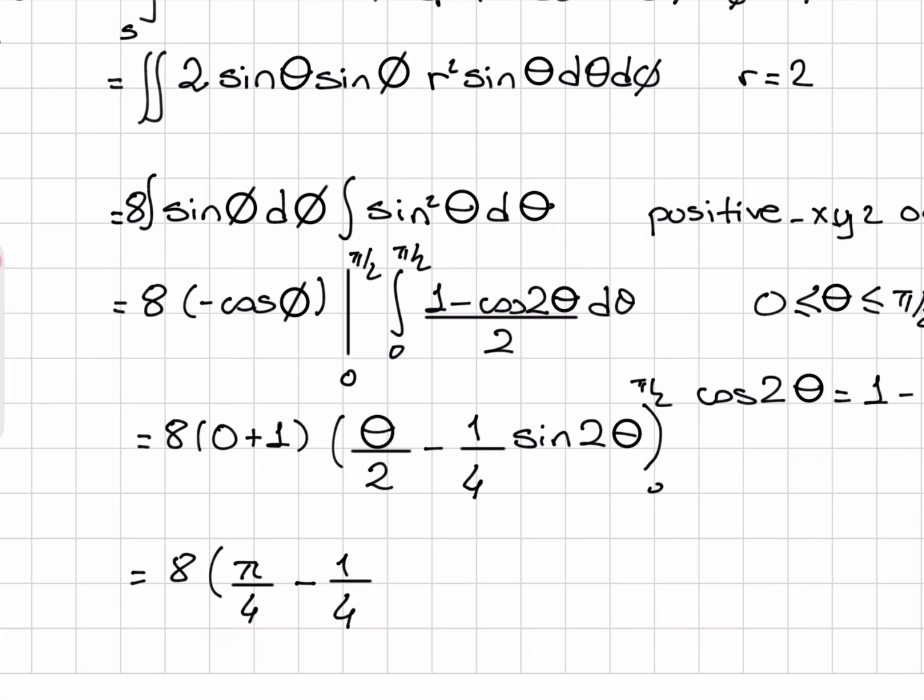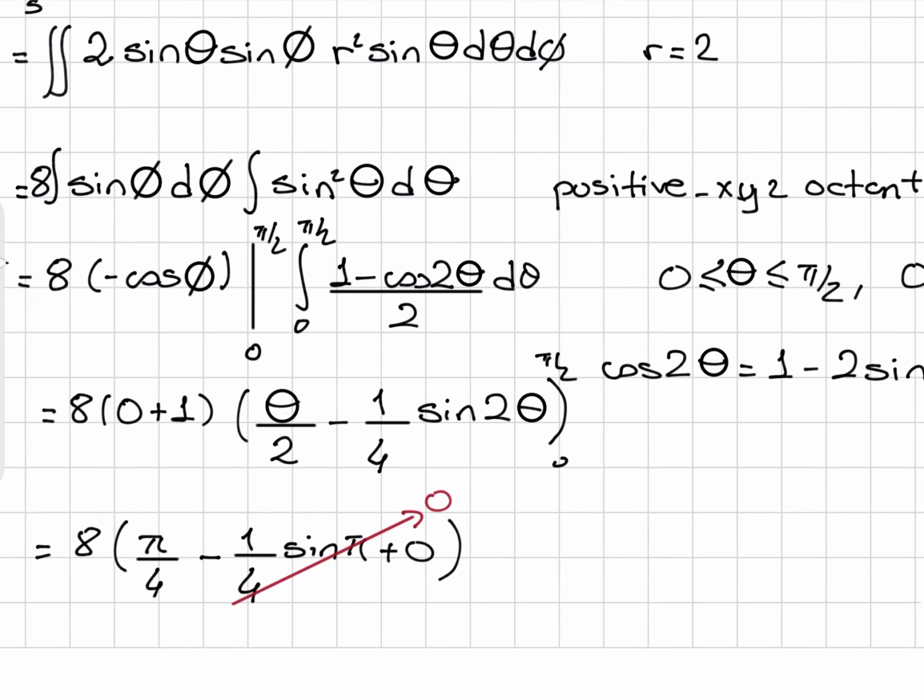Now sine 0 is 0, but sine 2 theta is going to be sine pi minus 0, so plus 0 will be this part, and sine pi is also 0, so this is going to give me no contribution, and therefore my answer is going to be 8 pi over 4, which is 2 pi.